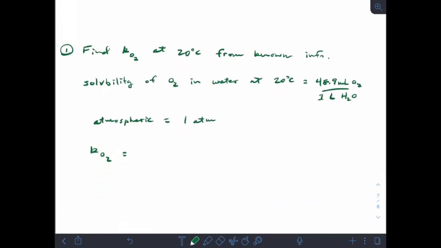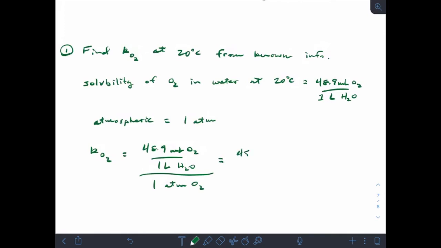So I use this known information, 48.9 milliliters of O2 per 1 liter of H2O divided by 1 atmosphere of O2 gives us our Henry's law constant of 48.9 milliliters O2 per liter H2O times atmospheres of O2. Okay, pretty straightforward, that bit of a problem.